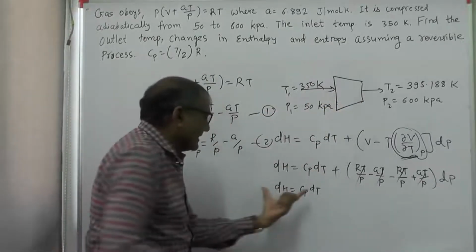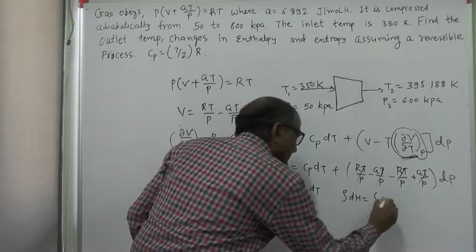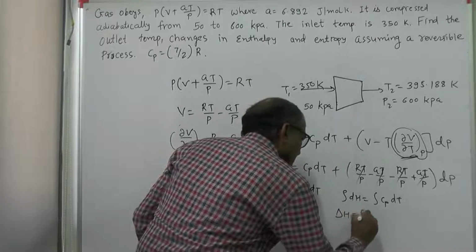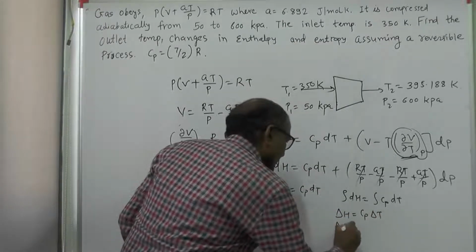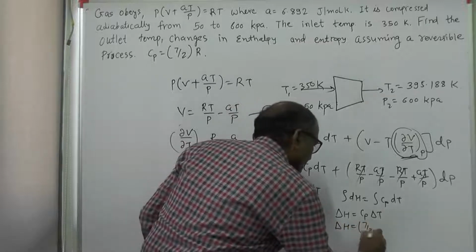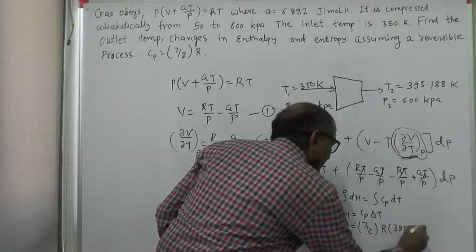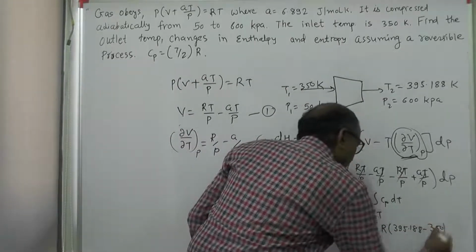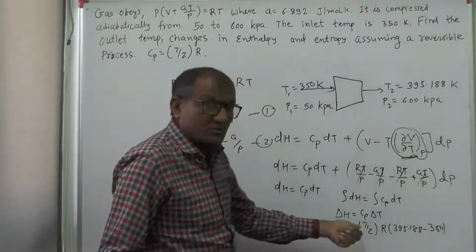Here I can integrate this equation dH equal to Cp dT, and this would be delta H equal to Cp delta T, and here in our case delta H equal to 7 by 2 into R, into 395.188 minus 350 Kelvin, and I can put the value of R, 8.314 joule per mole.